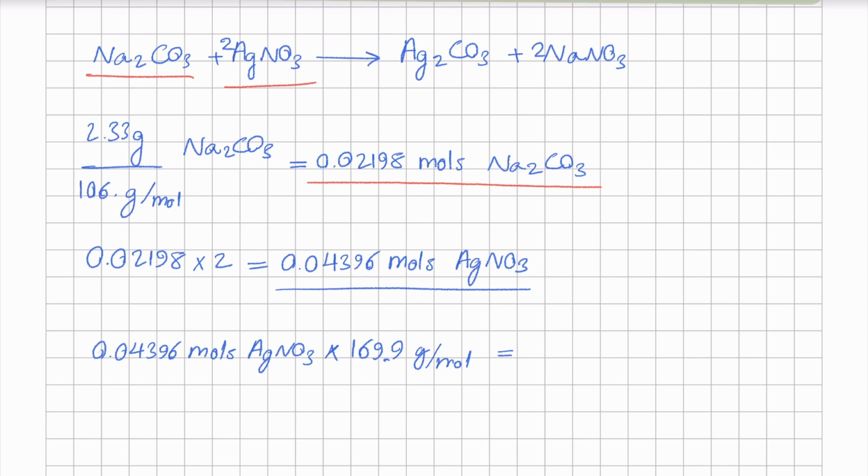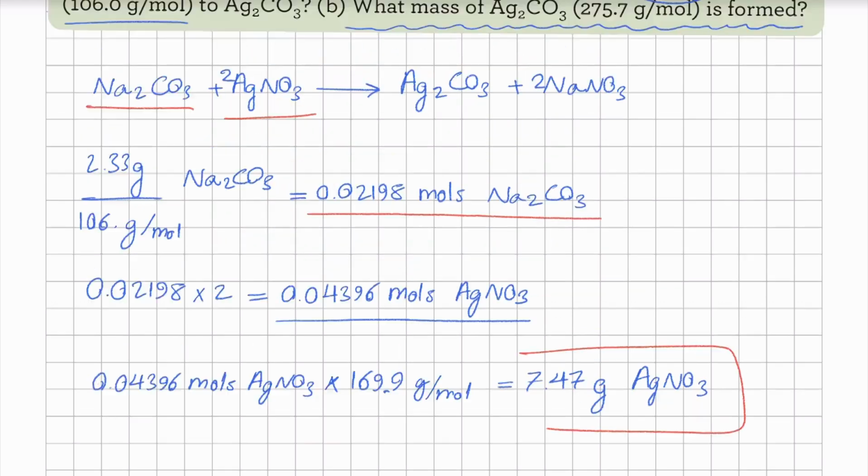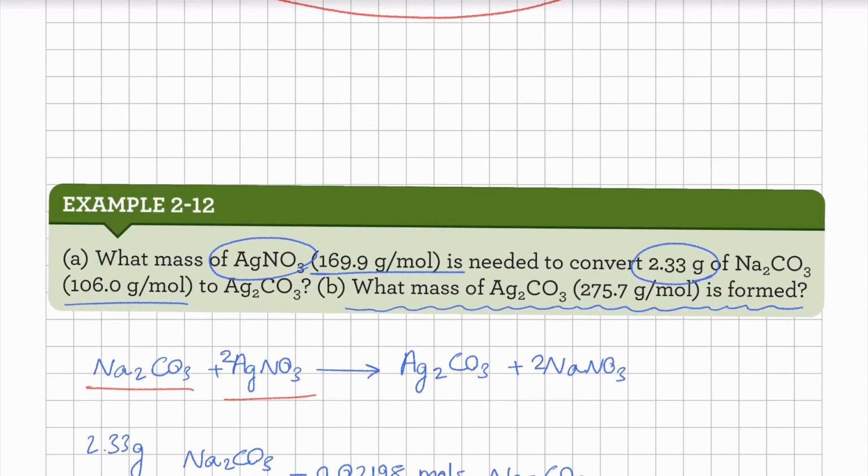So it would give us 7.47 grams of AgNO3. So this number would be the answer to part A of the question. What mass of AgNO3 is needed?